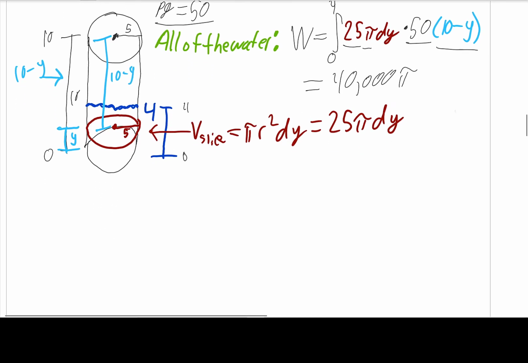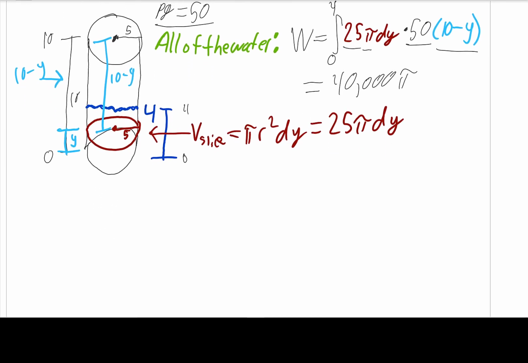Now what if we only wanted to do the top 2 feet of the water? The only thing that's going to change here is our interval where the water lies. Now we're not looking at all of the water in the tank. If I'm looking at just the top 2 feet of the water in the tank, then I'm looking at the integral from 2 to 4.